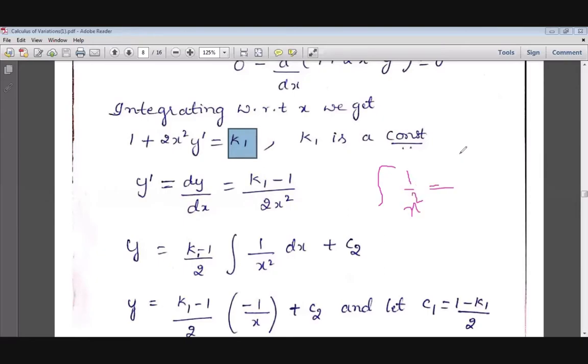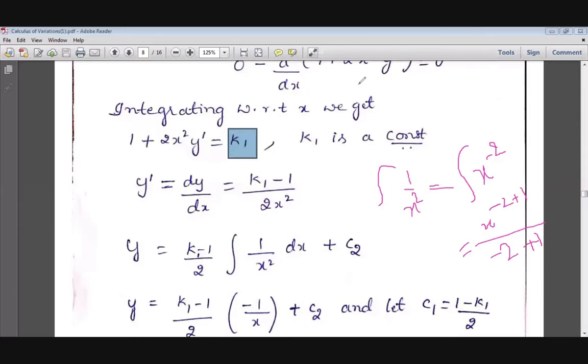You can write this as the integration of x power minus 2. So the integration of that is x power minus 2 plus 1 divided by minus 2 plus 1. That's why it is x power minus 1 by minus 1. So you can write that as minus 1 by x plus c2.